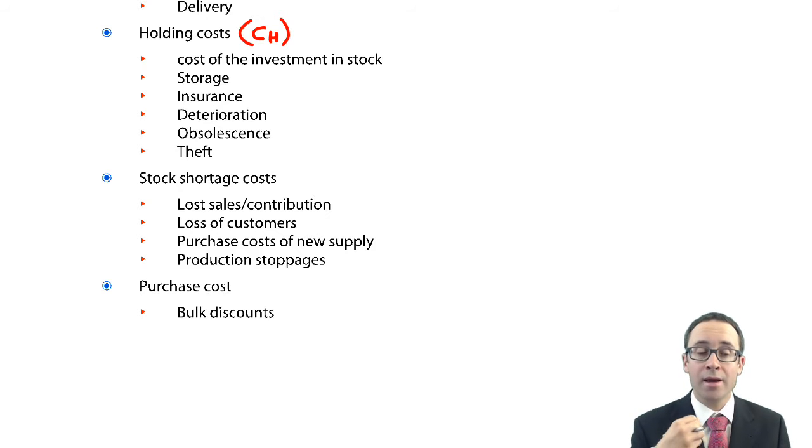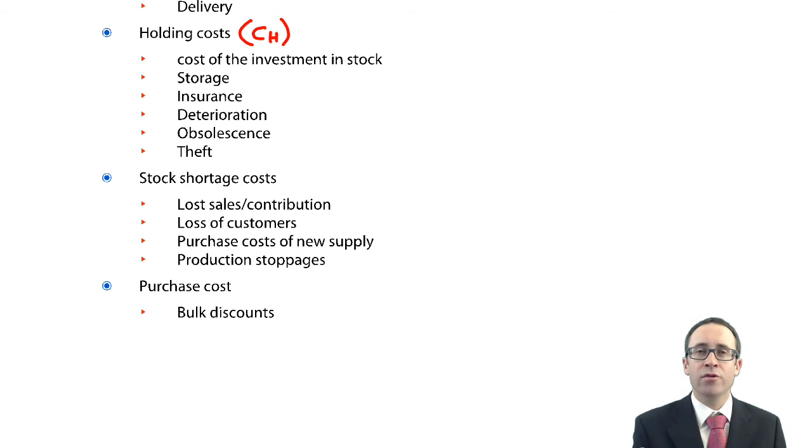So by buying more, you're increasing one cost but reducing the other. Similarly, if you think about buying fewer goods on every order, you're going to increase the ordering costs because you will need to make an order more often. But if you're buying fewer goods, then your holding costs, your storage costs, are reducing, aren't they?